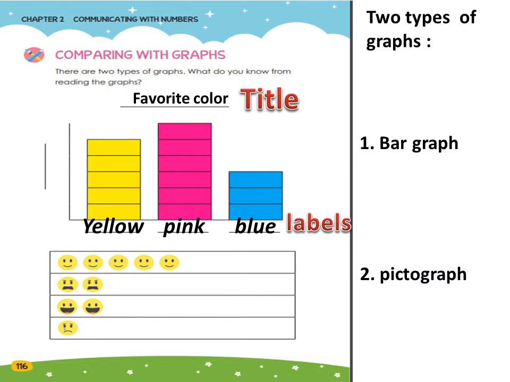Okay, the other graph here is the picture graph. If my picture graph is about, for example, favorite animals, it will have pictures of animals. If it is about snacks, it will have pictures of snacks. Here I have pictures of emotions. What does emotions mean? Emotion means how people feel.